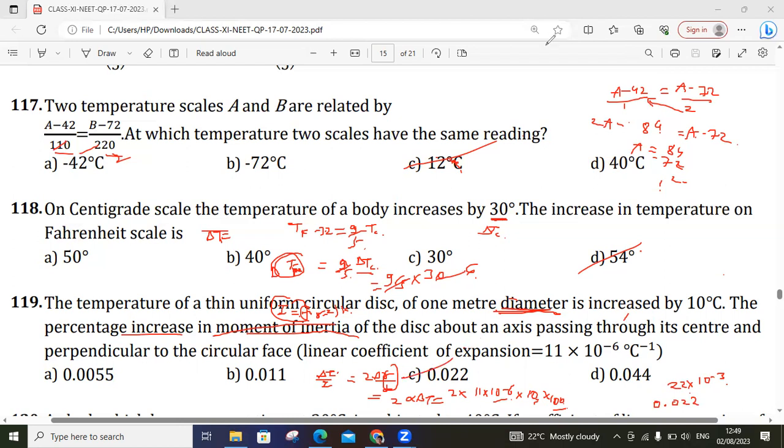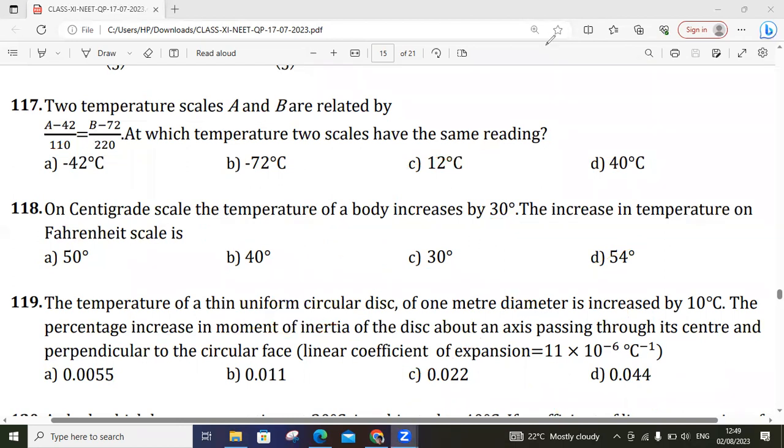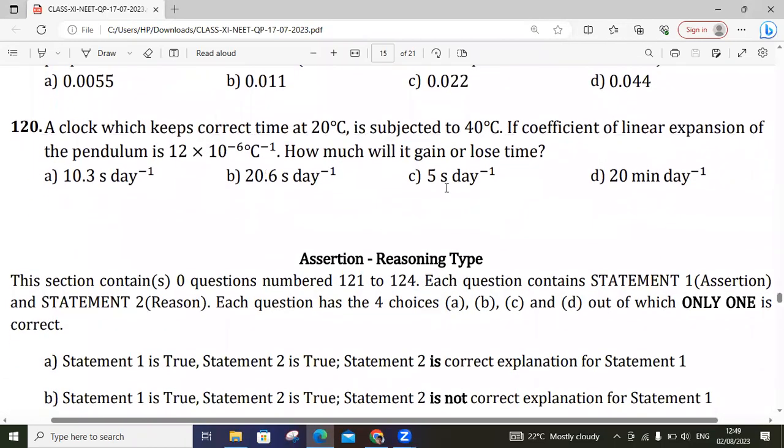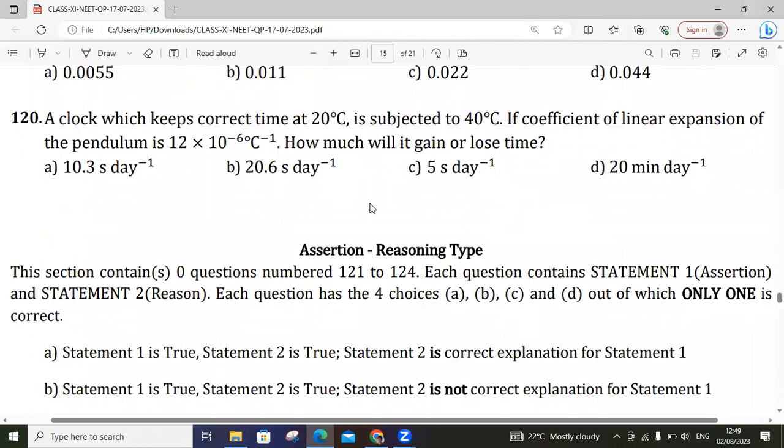Then 120th problem. A clock which keeps correct time at 20 degrees Celsius is subjected to 40 degrees Celsius. Okay, again a similar problem, clock problem. If the coefficient of linear expansion of the pendulum is given, how much will it gain or lose? Temperature is increasing, so delta T is positive, the length will increase, and the time period will increase.